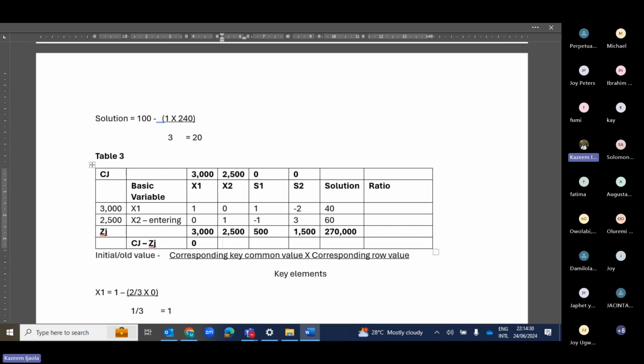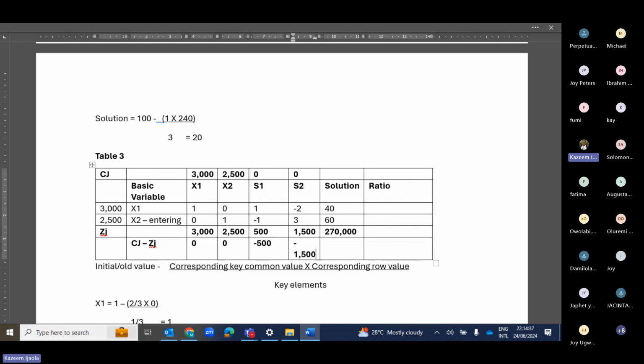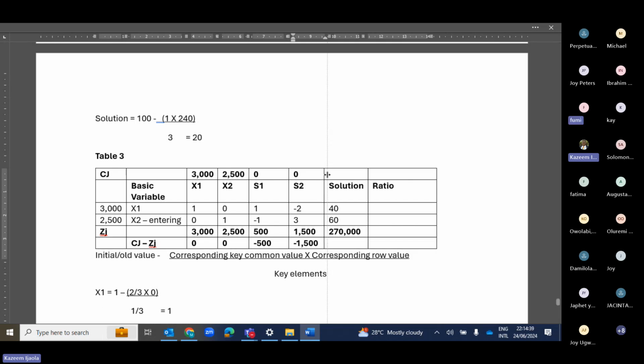This is 0. This is 0. This is minus 500. This is minus 1,500. So now you can see that we don't have any positive value again. Everything is negative and 0. So that means we have now reached optimal solution.